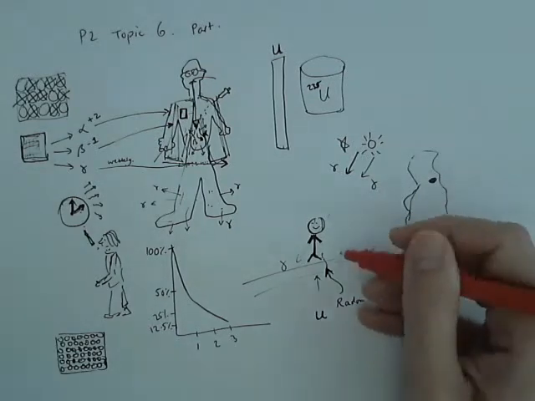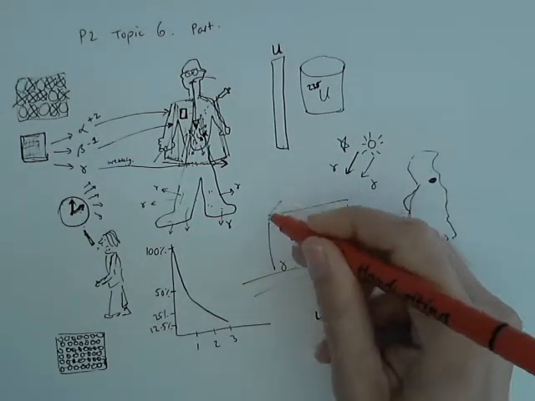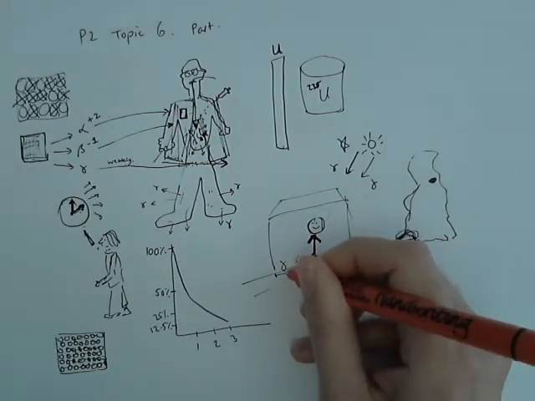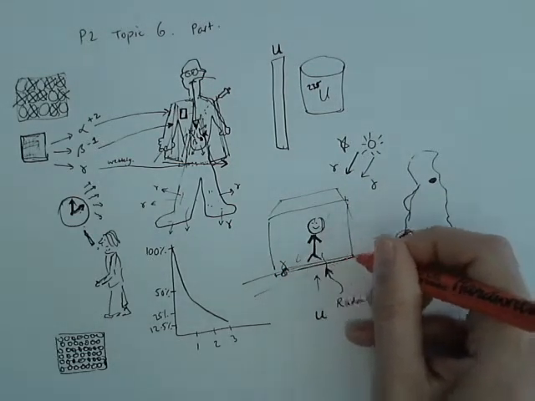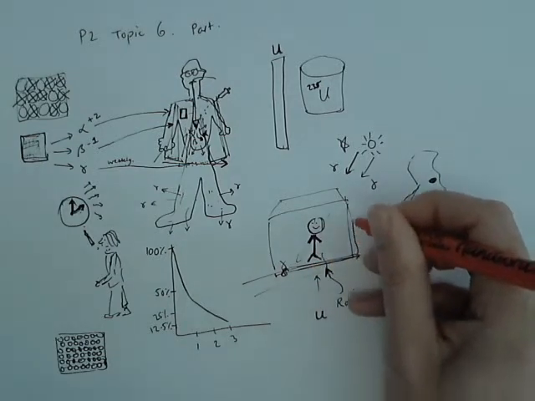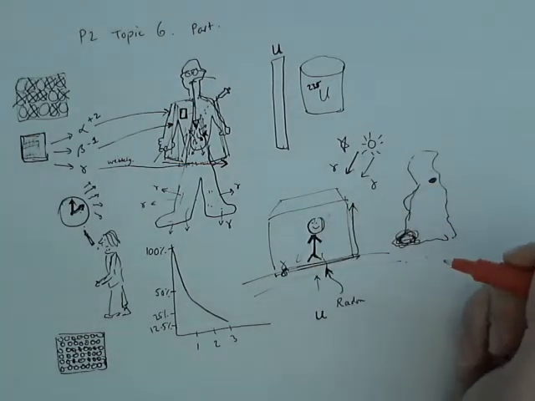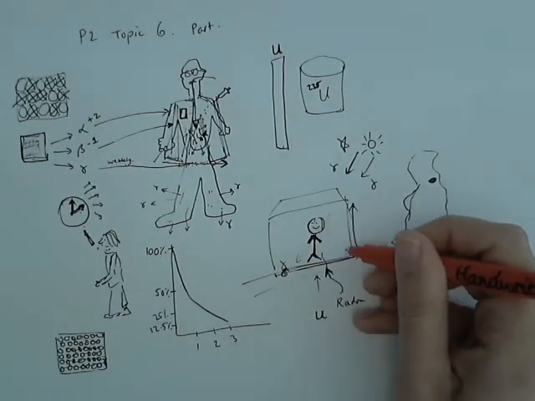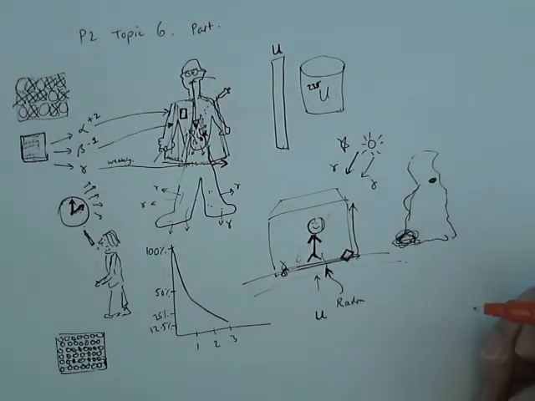And so in places like that, in their houses, they will actually have an area beneath the house with a fan, and that will blow the gas up and out of the house, so the occupants aren't breathing in this radon gas. They might also have a meter in their house to measure the levels of radon gas over time.